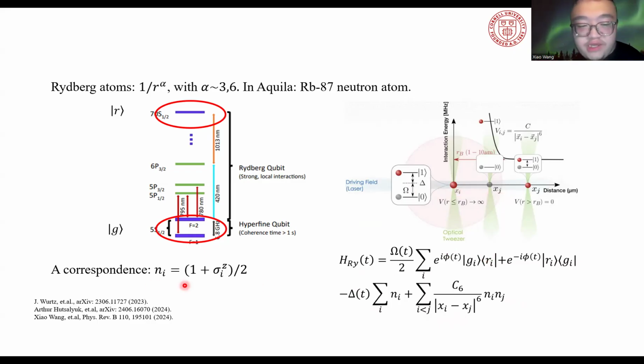And after making this correspondence between the Rydberg states and the two-level spin states, you will find that you can rewrite this effective Rydberg Hamiltonian into some spin Hamiltonian with Ising interaction and also a rotating transverse field.